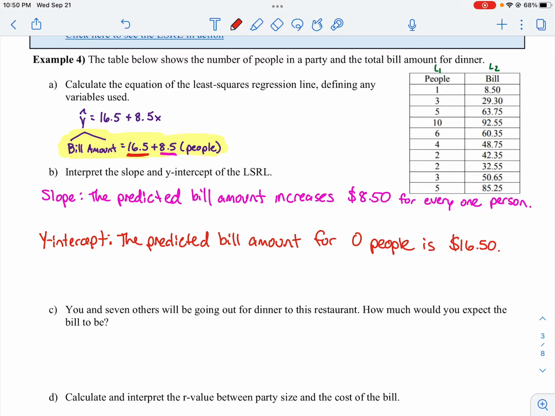So this is to say that if there's nobody at the table, it costs $16.50, which we know is not true. But in the last video lesson, we discussed how the y-intercept isn't always going to make sense in context, and that's often because your y-intercept is usually an extrapolated value.